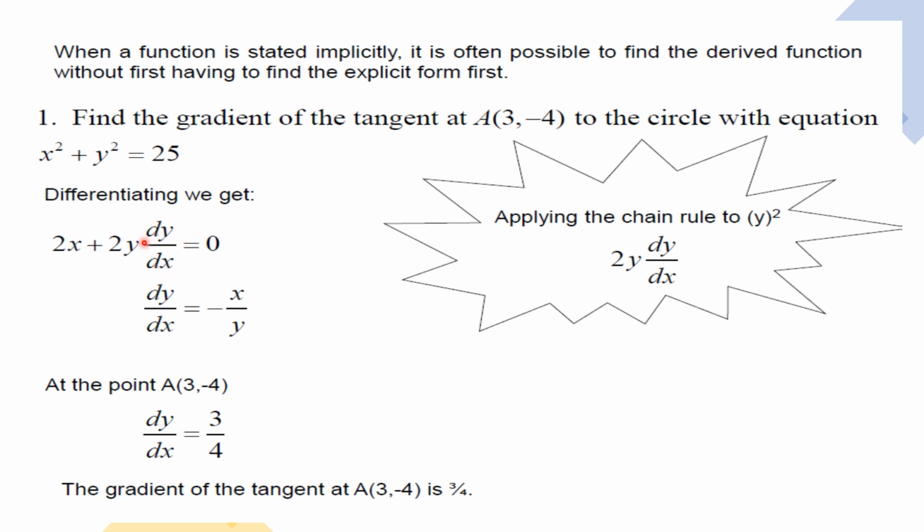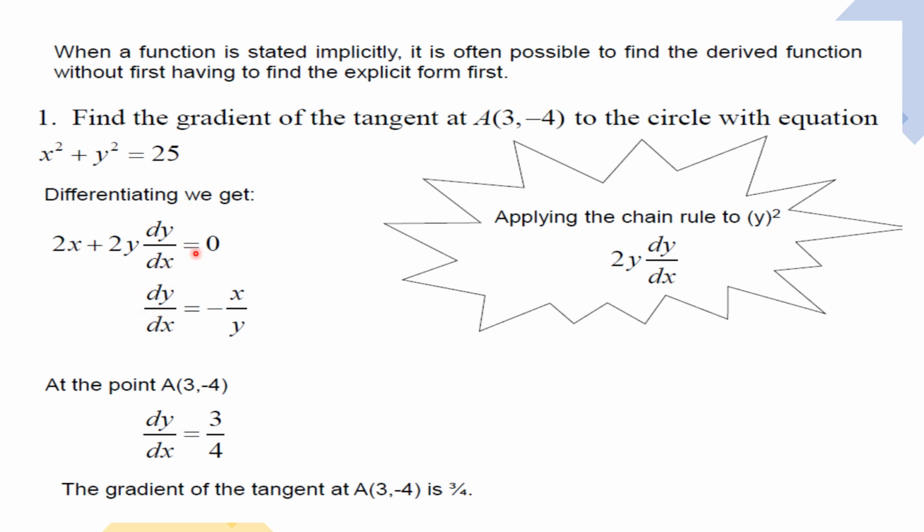Whenever you differentiate a y, a dy dx will be involved. Equals, differentiating 25, you get 0. So applying the chain rule, pay attention again: when you have y squared, differentiating it becomes 2y dy dx.